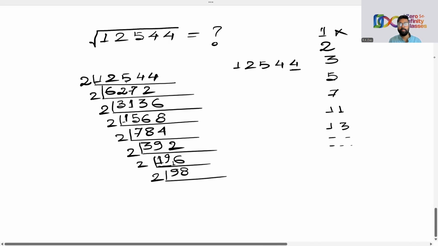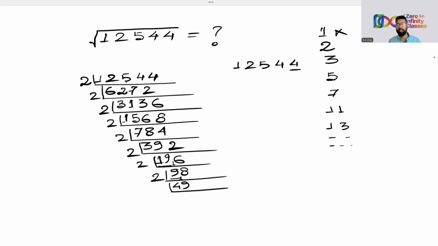Again it is divisible by 2, since the last digit is 8, giving 49. 49 can be written as 7 into 7. We already know these things. This is an easy topic. 7 into 7.